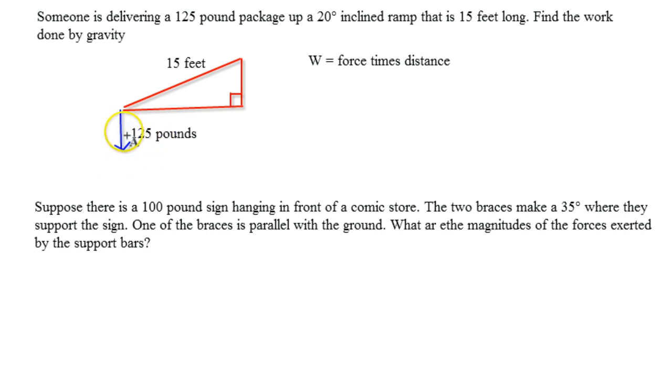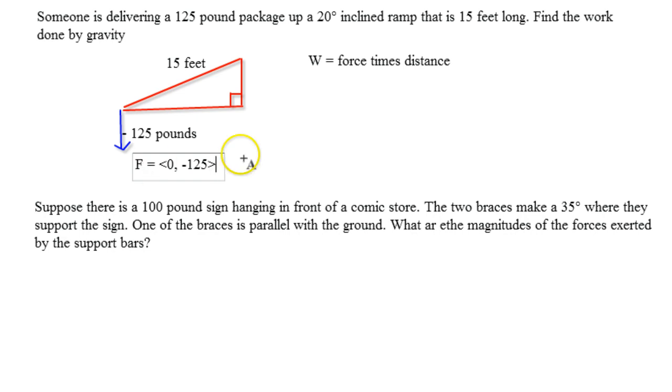Okay, now since this is gravity, gravity never has any good representation. So we're going to label it as negative. Now this force is going straight down. So this force is going to be represented by the vector, and we will use vectors for this. 0, since it's not going forward at all, negative 125 right there.